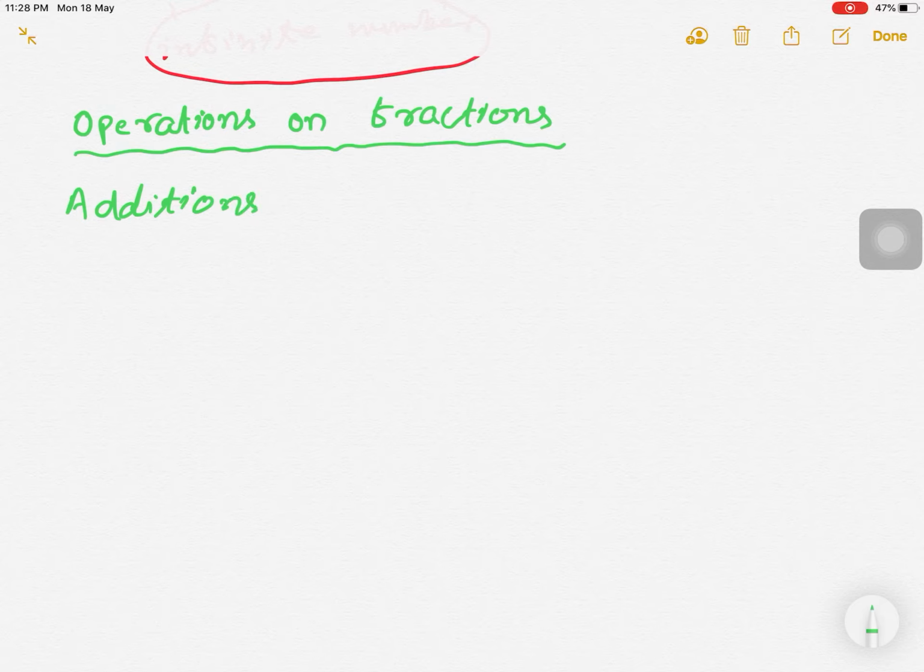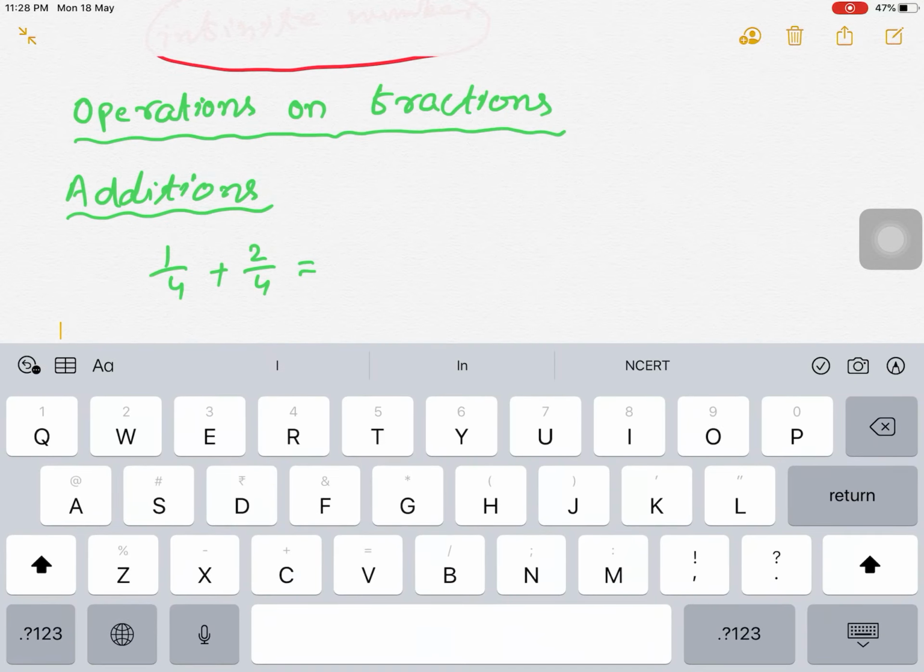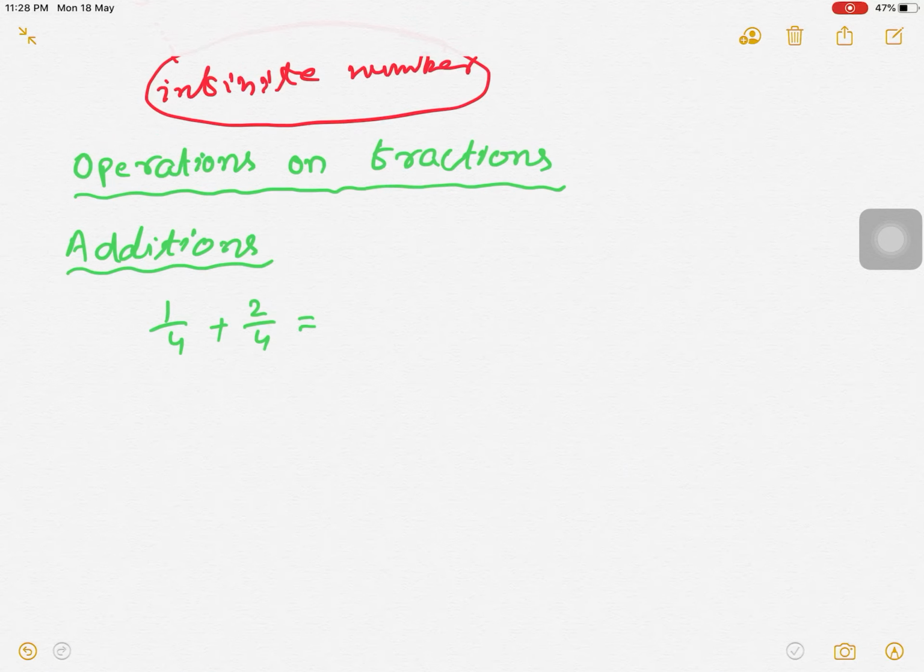How to add fractions? Let us add 1 by 4 and 2 by 4. Here you see we have the same denominator. When the denominators are the same, then we simply have to add the numerators. So this gives 3 by 4.